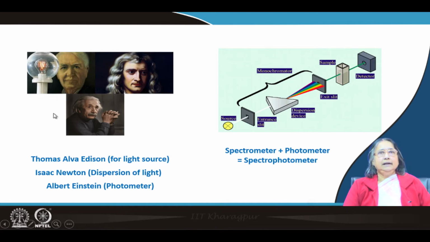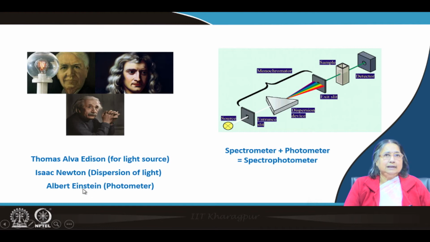Then you can see Sir Isaac Newton, who discovered the dispersion of light. When white light passes through a prism, you can see the dispersion, and then you can see 7 different lights.